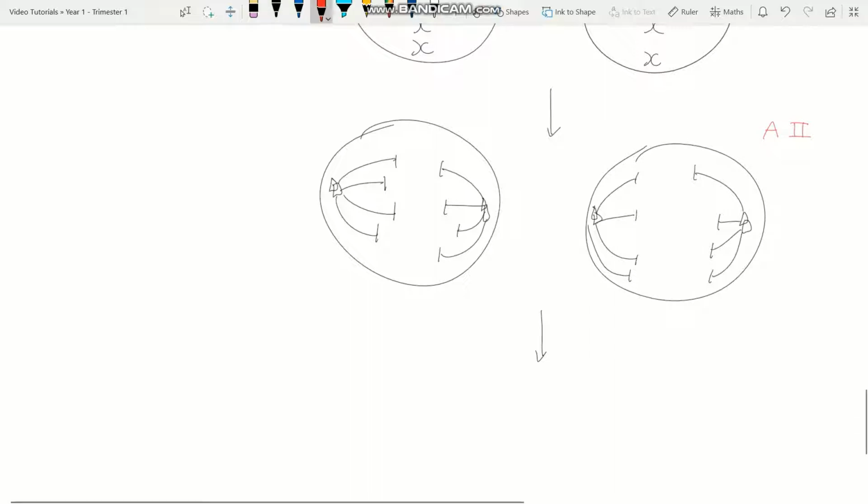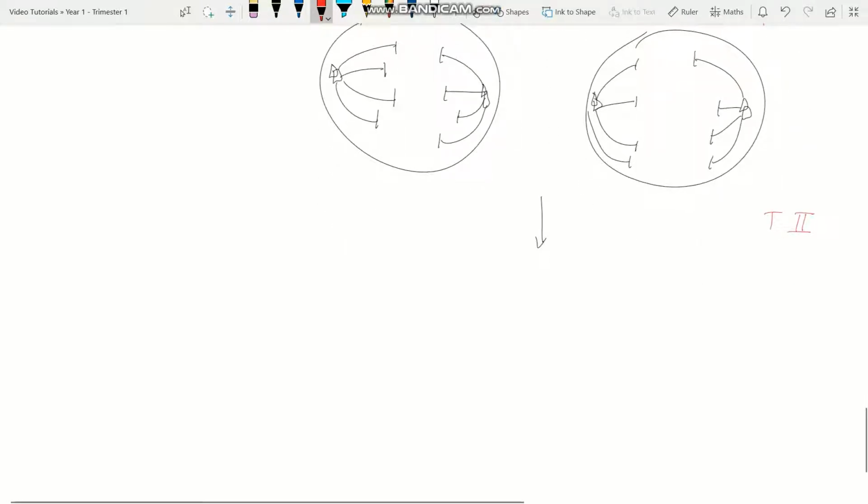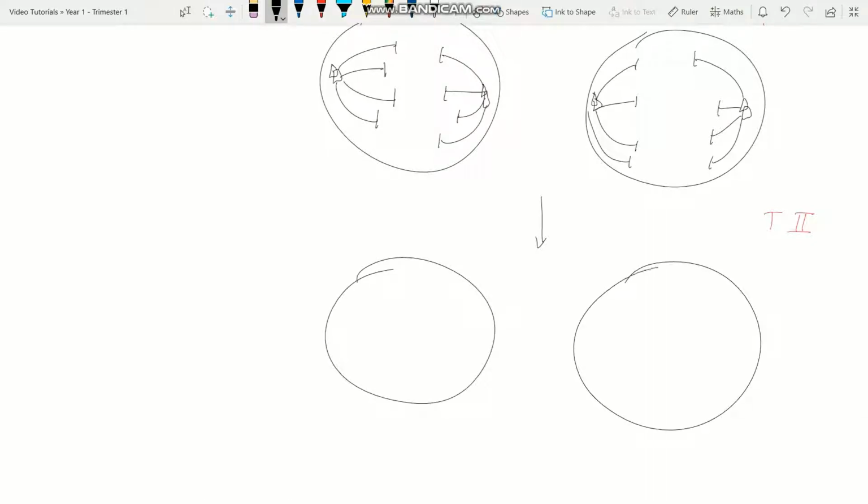And finally, in telophase 2, now the nuclear membrane and nucleolus will reform. So here we'll have the 4 chromosomes present with the nucleolus, and similar to telophase in meiosis 1, the genetic material will start to relax.